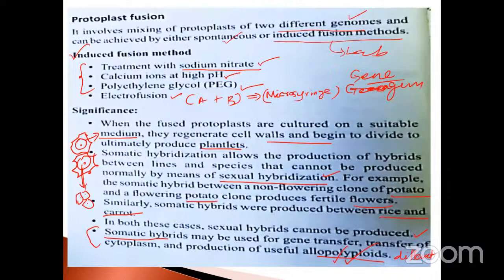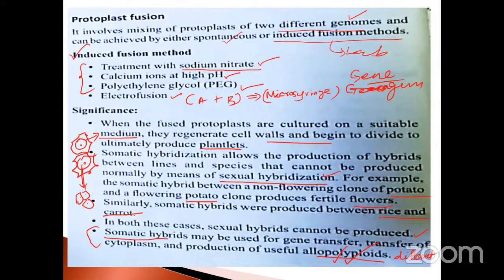Okay, and what are the inducer fusion methods? The treatment with sodium nitrate before. After that, calcium ion at high pH. Polyethylene glycol we used for which purpose, you know, fusion agent. Okay, PEG. So finally we will get the plantlet, and also some of the examples also given. And allopolyploidy we will get. That is called different species united together to form a single species.